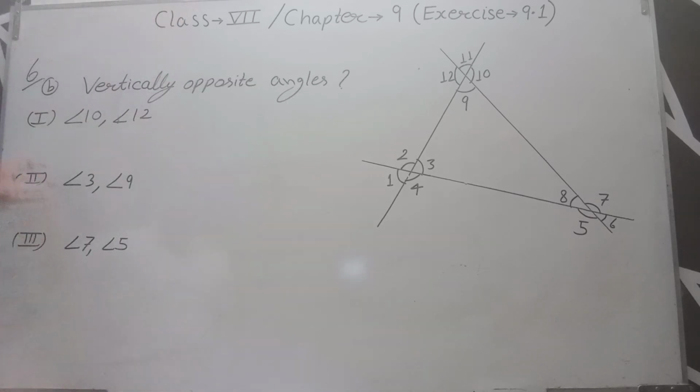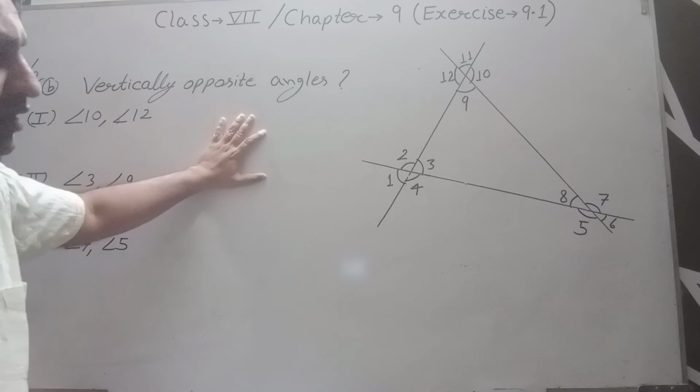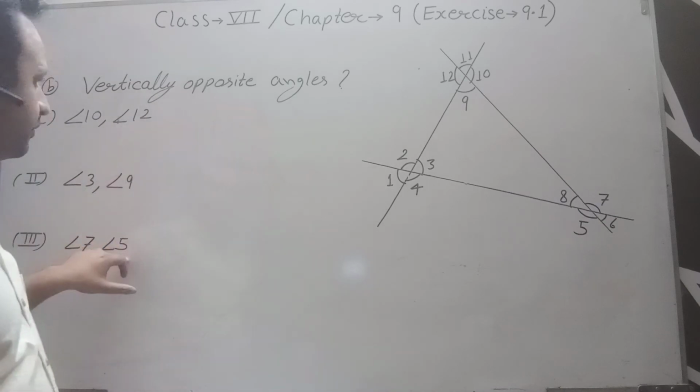Okay students, now we discuss the second part, in which we have to consider whether these pairs of angles are vertically opposite angles, yes or no. So first we discuss again what vertically opposite angles are.